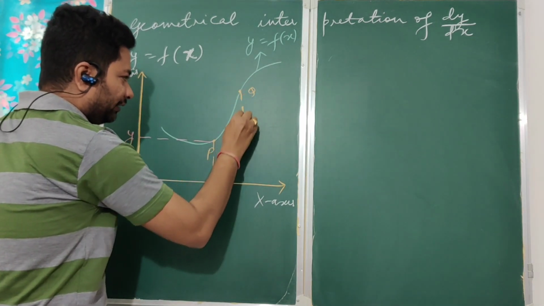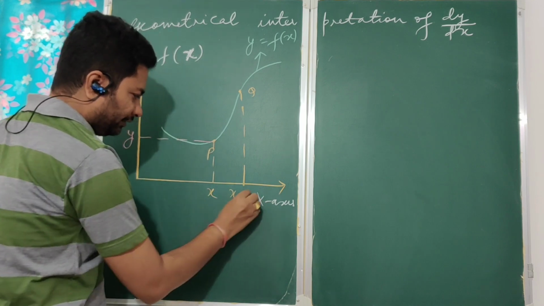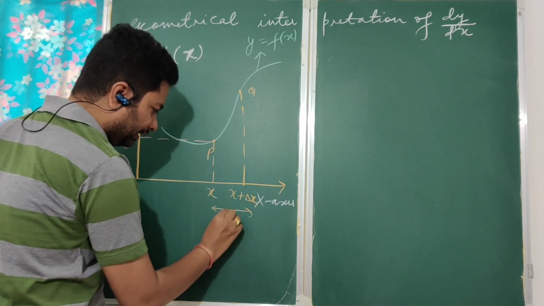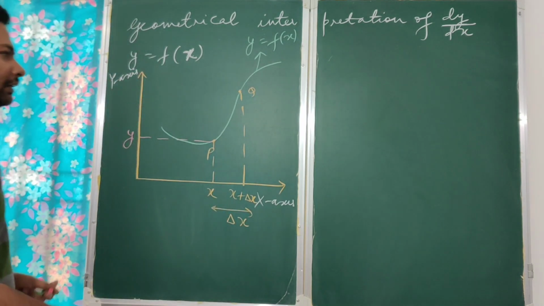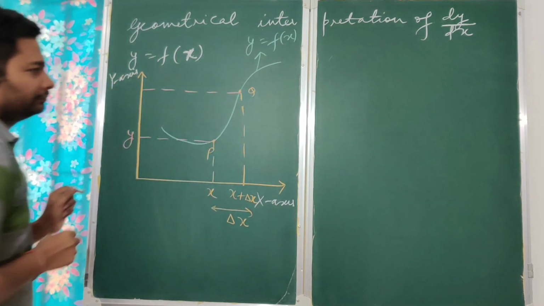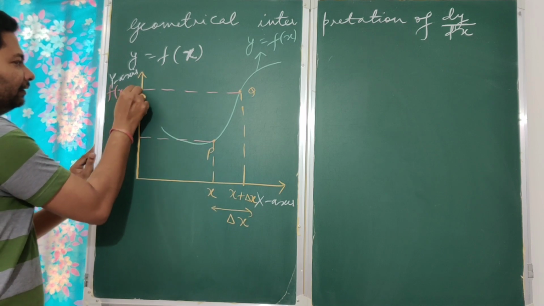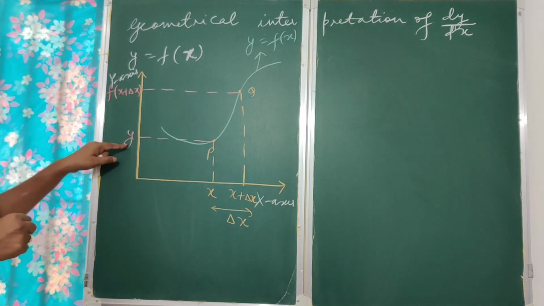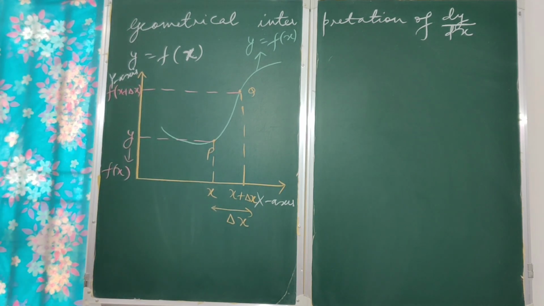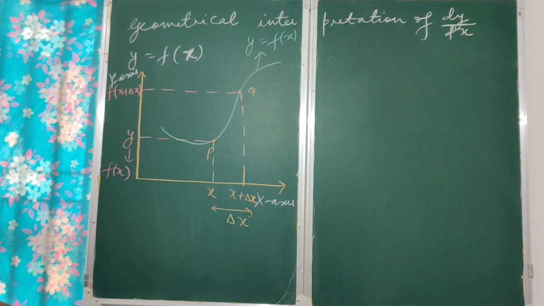This point is displaced from the initial one by an amount delta x, so x plus delta x. This distance is delta x. Corresponding to this you have another value of y, and that is f of x plus delta x. This y we can write as f of x, and here you have f of x plus delta x.